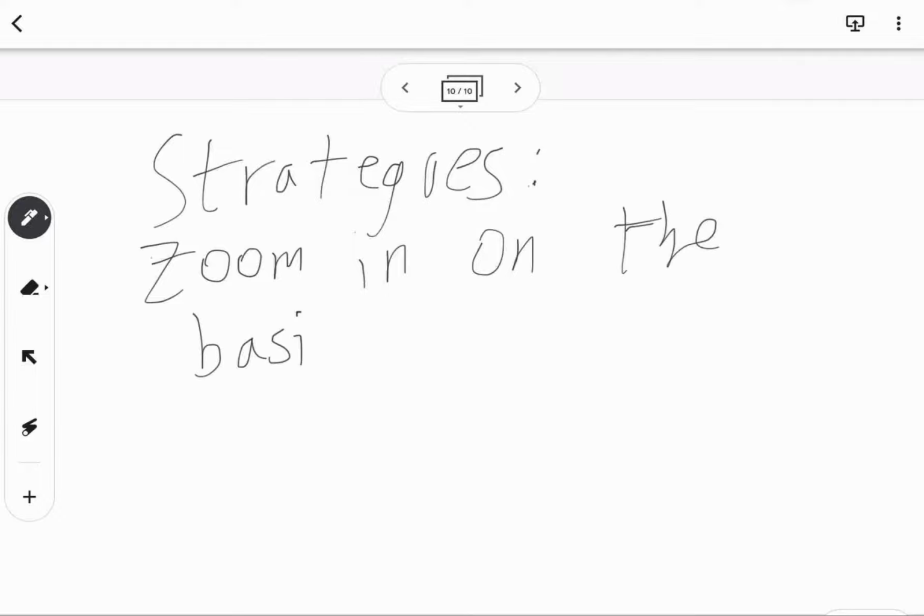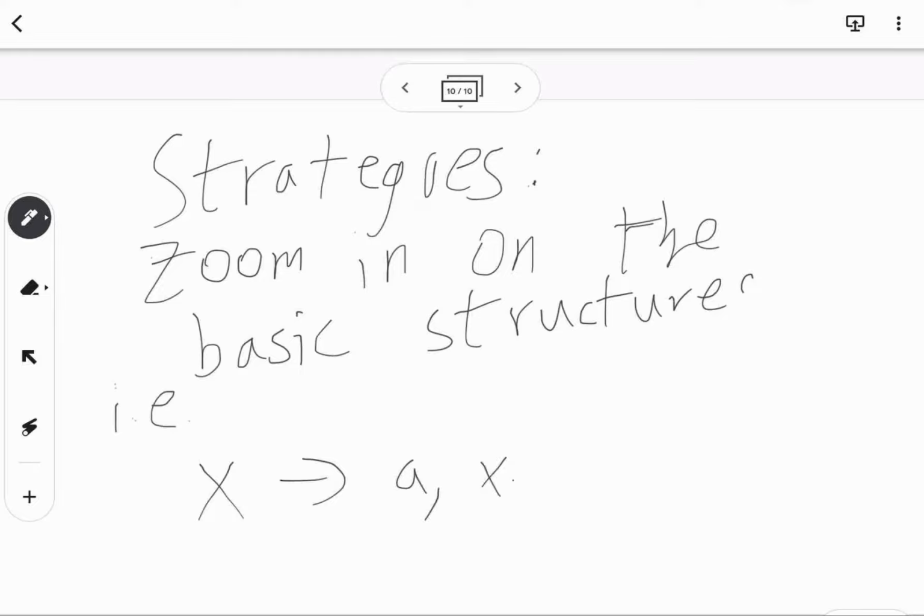For example, the most basic structure for the last problem would be x goes to a and x minus a minus 1, right? This is the most basic structure for our last problem with the stones, because this characterizes every single move out there.